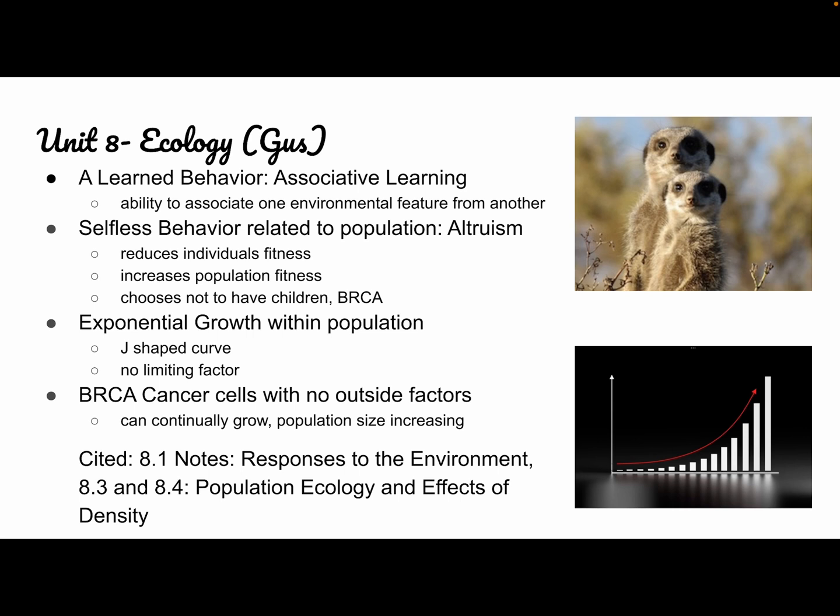Selfless behavior reduces individuals' fitness because they're sacrificing themselves, but increases the population's fitness, which drives evolution, and they choose not to have children. Exponential growth within a population is a J curve, as shown on the bottom right, and there's no limiting factor. BRCA cancer cells with no outside factors can continually grow, with population size increasing.